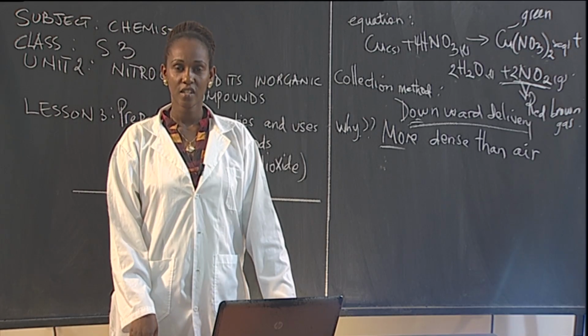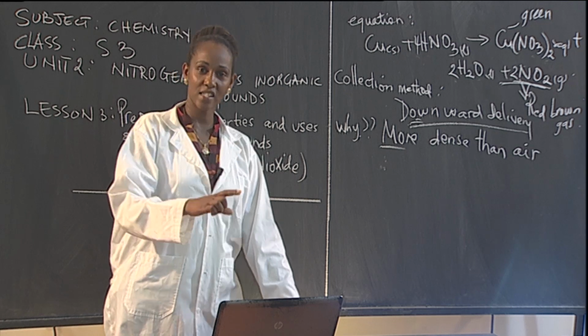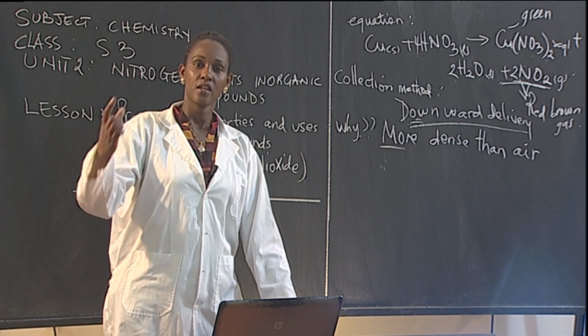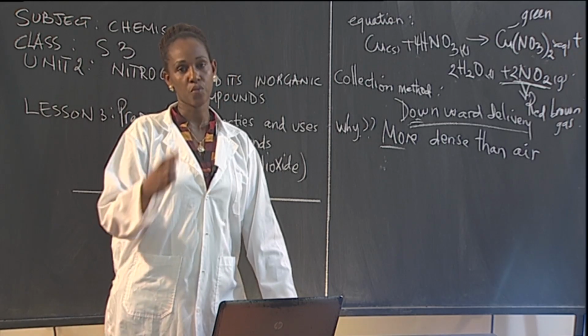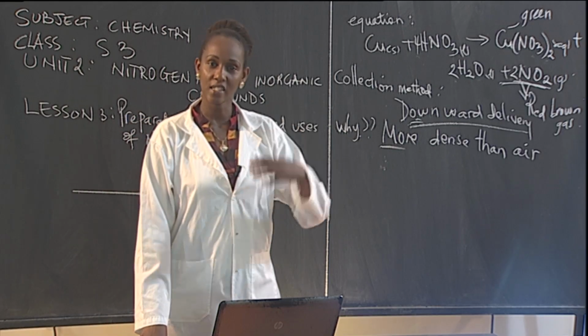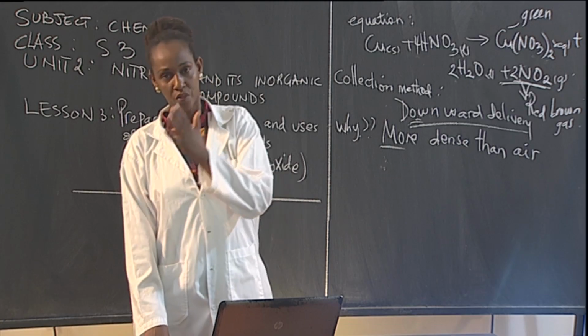All right? Good. You remember the properties of acids and bases. Acids turn blue litmus paper red, bases turn red litmus paper blue. So nitrogen dioxide gas is an acidic gas and turns wet blue litmus paper red.